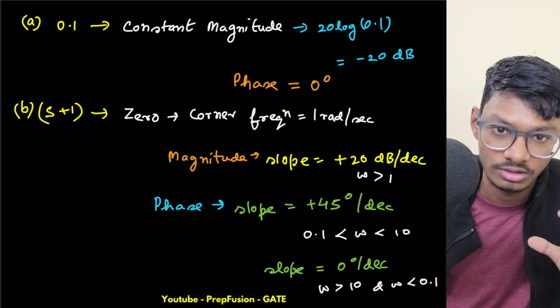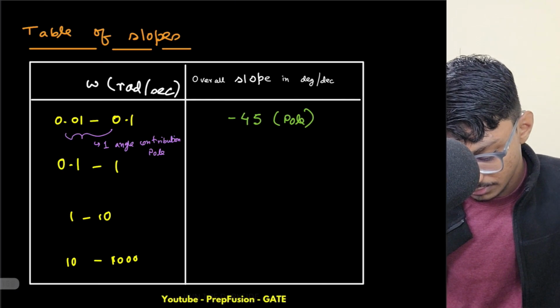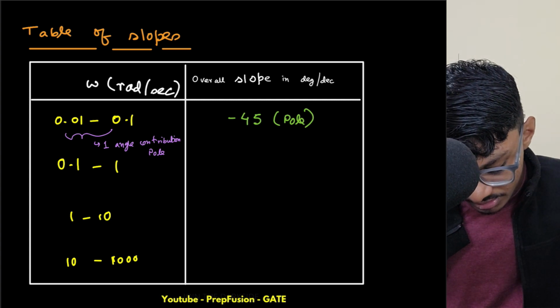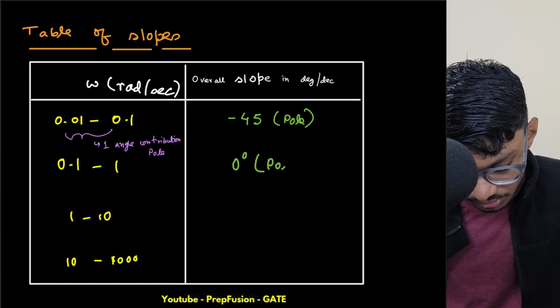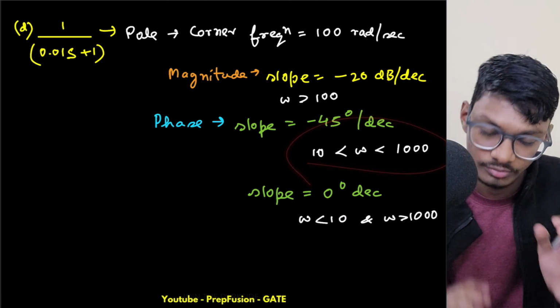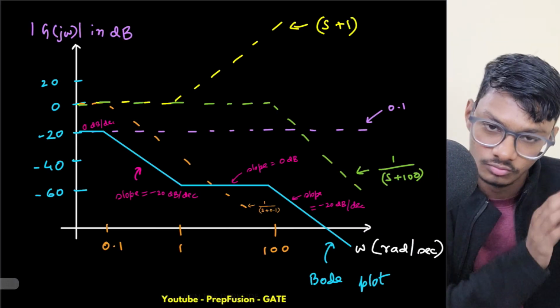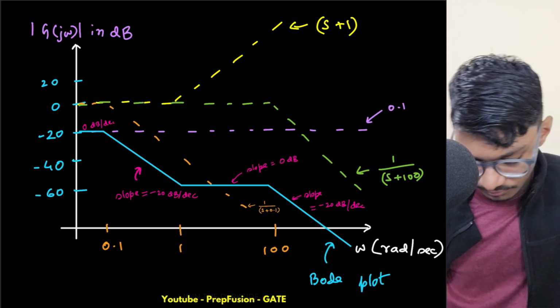So what is my overall slope? I will simply add them up, which gives me 0. Because I have a pole plus a zero in this region, and this last pole is not even lying in this region, because this is between 10 and 1000. We haven't even reached 10 yet, so we don't care about that last pole.